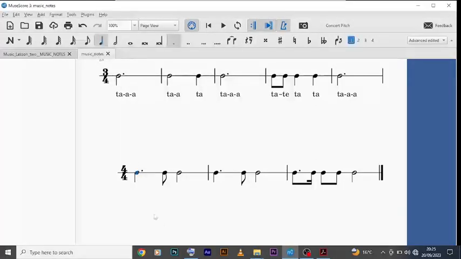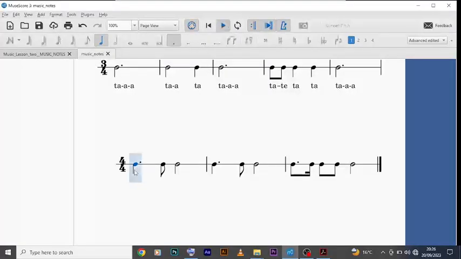Now you can try this one. This would be ta, ti, ta, ta, ti, ta, ta, ti, ta, te, ta. You can try again. Ta, ti, ta, ta, ti, ta, ta, ti, ta, te, ta.